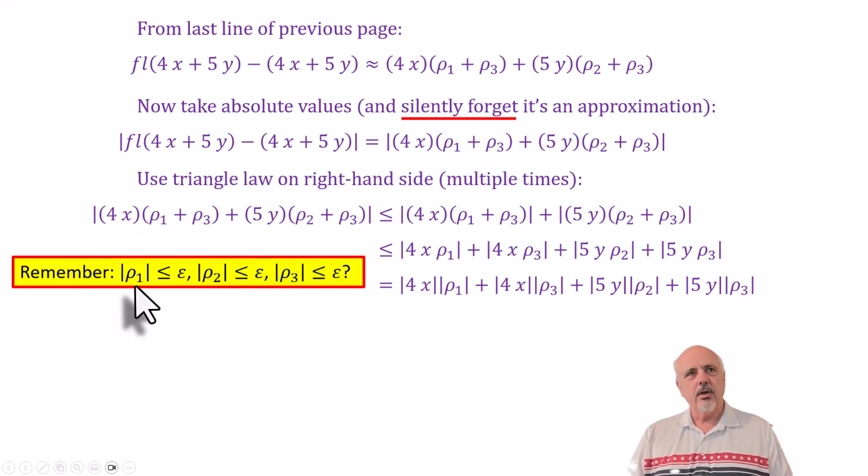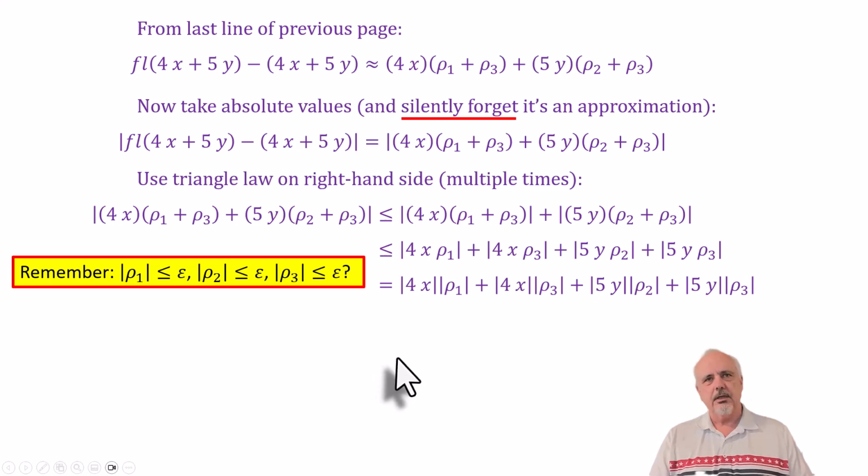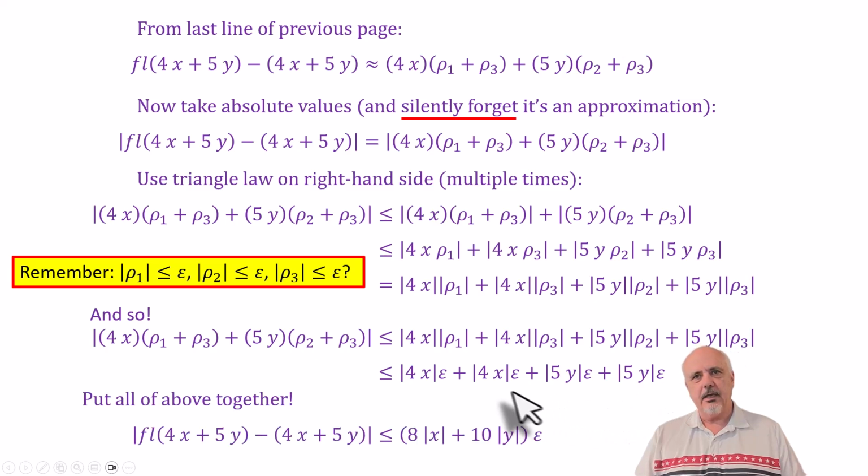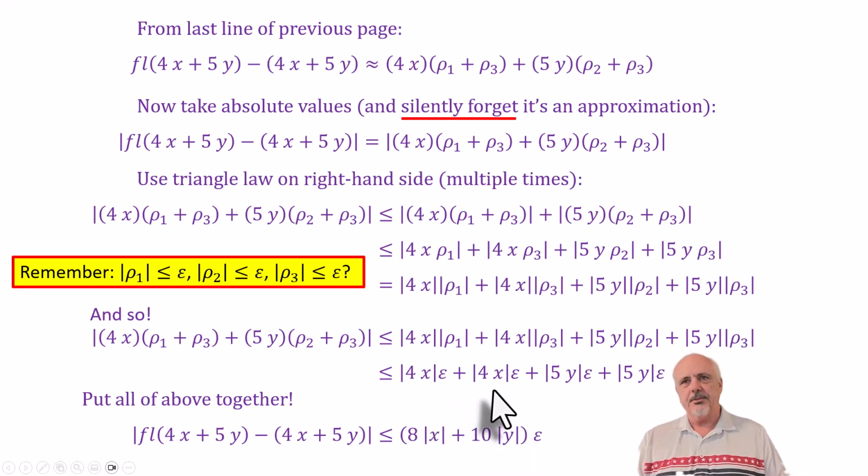And then I remember that the rhos individually are all each less than epsilon. So now I've got this bound of error, and I'm able to do cascading less than or equals where I know that rho 1 is less than epsilon, rho 3 is less than epsilon, rho 2 less than epsilon, rho 3 less than epsilon. And then I can put it all together and factor out that common epsilon. And I end up with 8 times x absolute and 10 times y absolute.